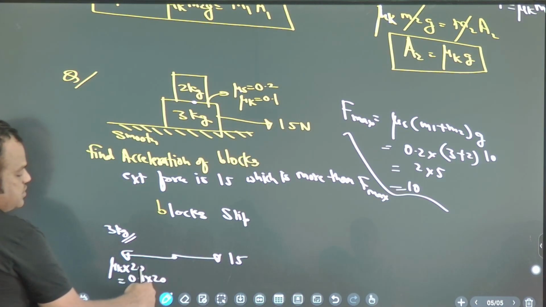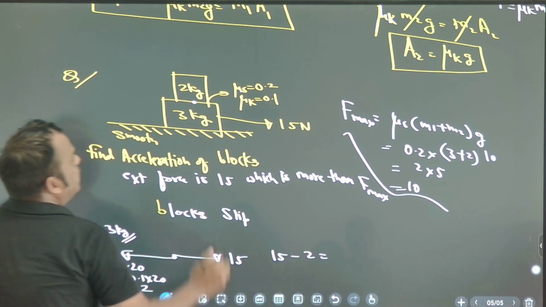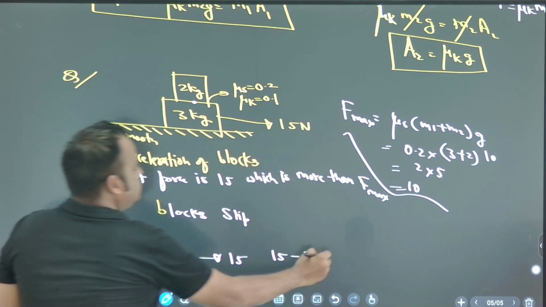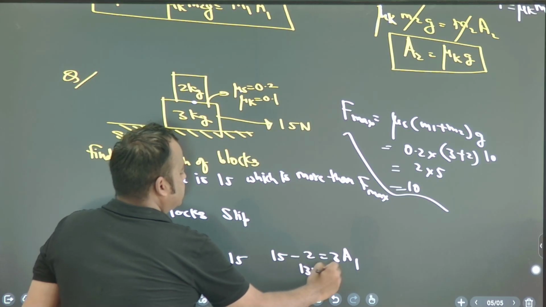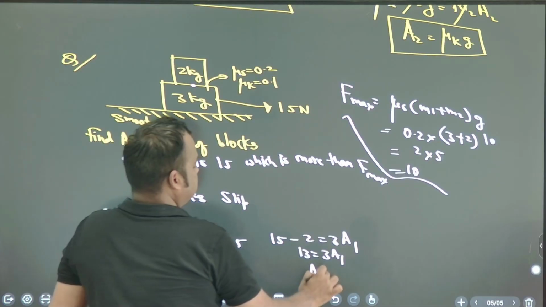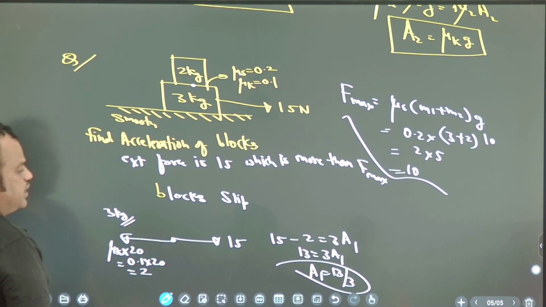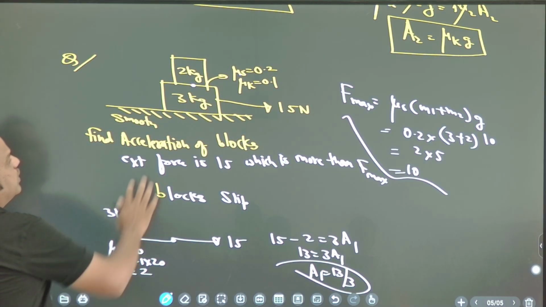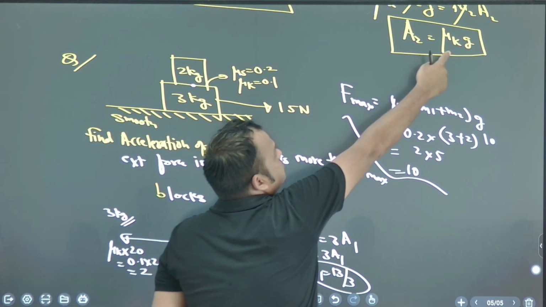So 15 minus 2 is equal to M A. So 3 A1. So 13 is equal to 3 A1. So A1 is equal to 13 by 3. Okay, understood?